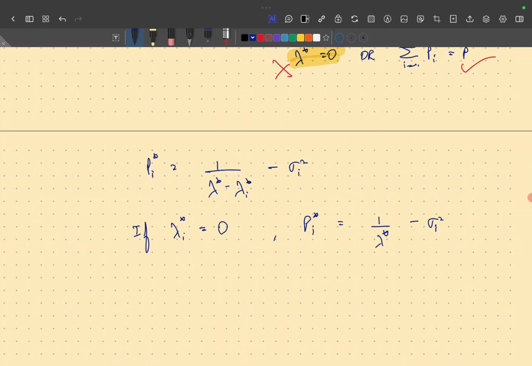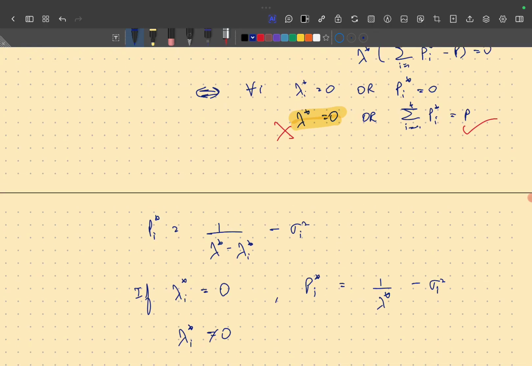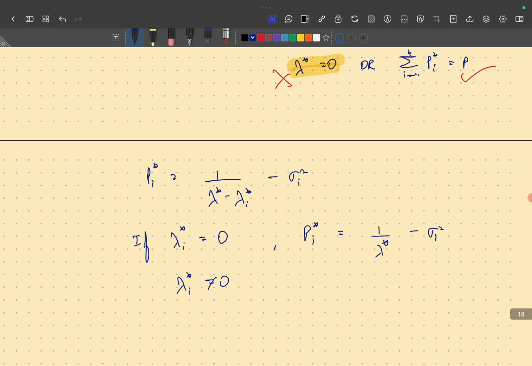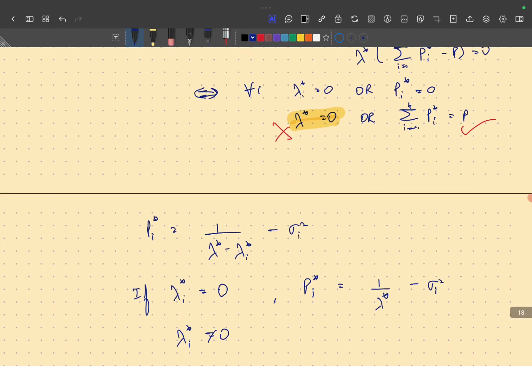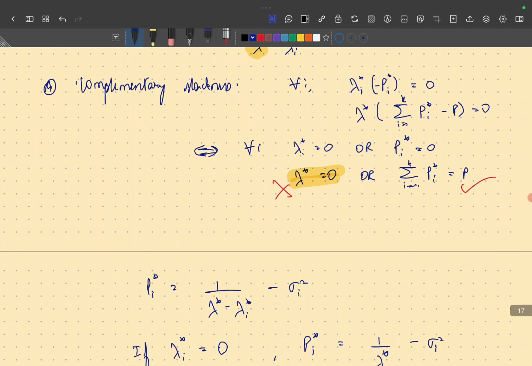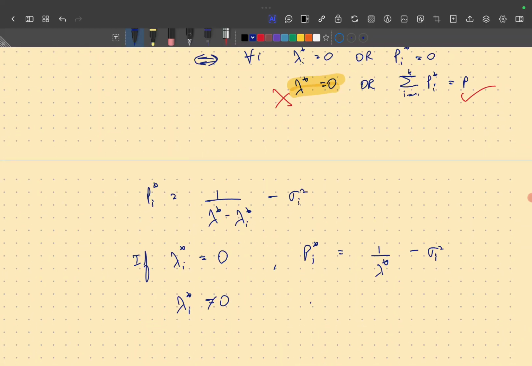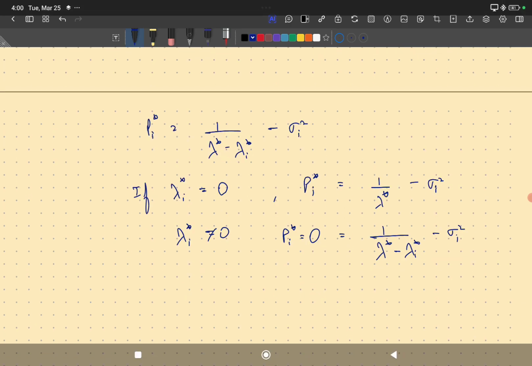If lambda I star is not equal to 0, then pi star must be equal to 0, which is 1 by lambda star minus lambda I star minus sigma I square.